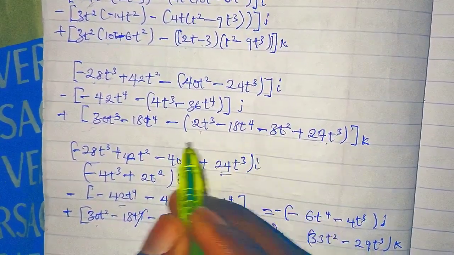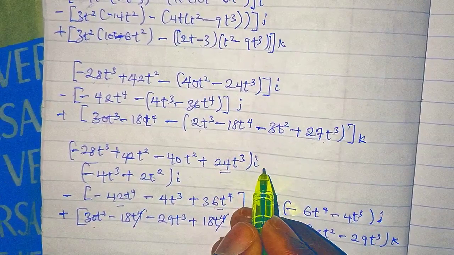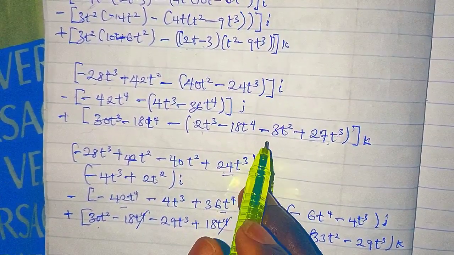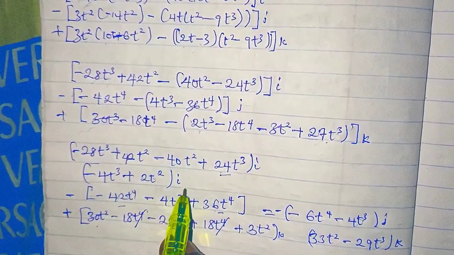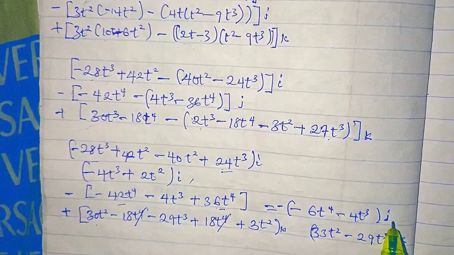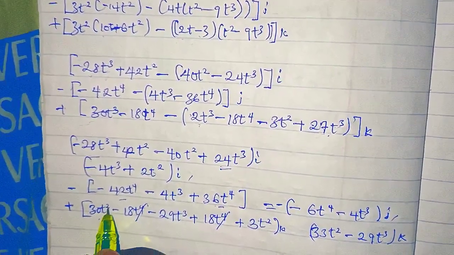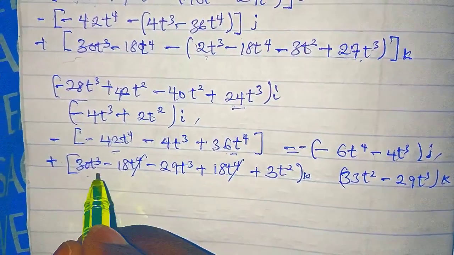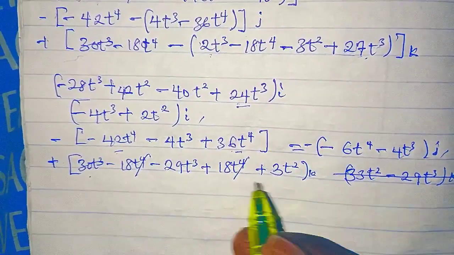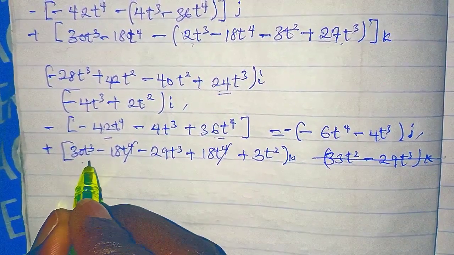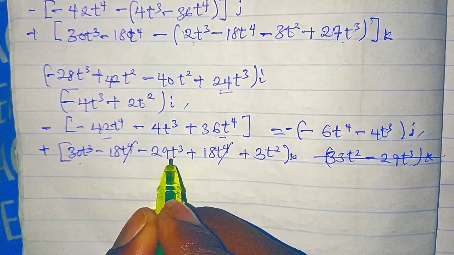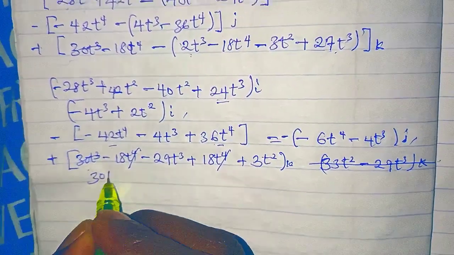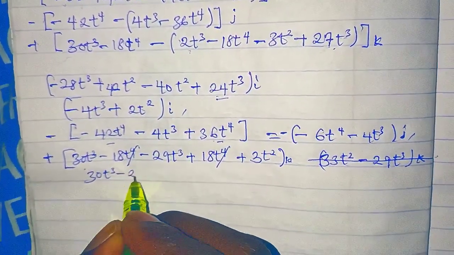That's correct. So everything is correct here. So I here is settled, and j here is settled. So for k, this is supposed to be 30t cubed, so this is not right. Instead we'll be having 30t to the third power minus 29t to the third power.